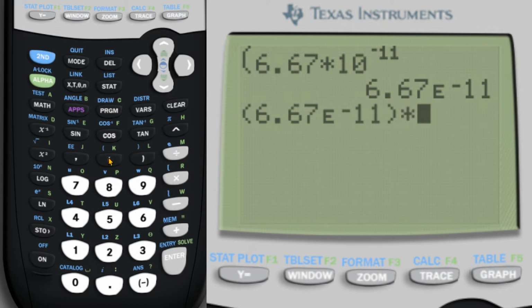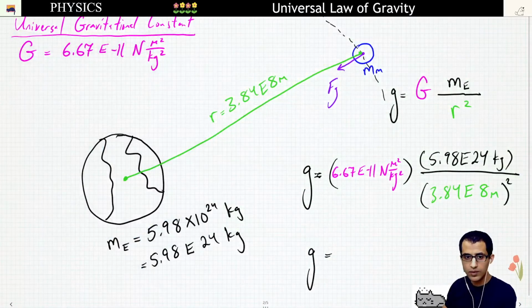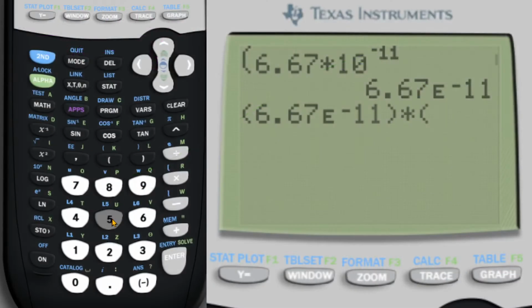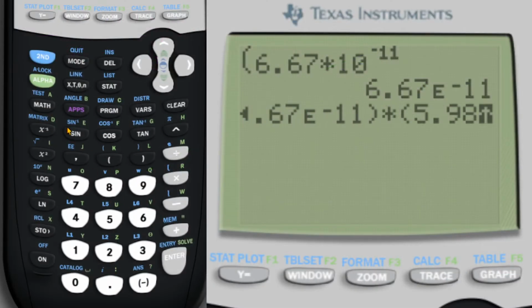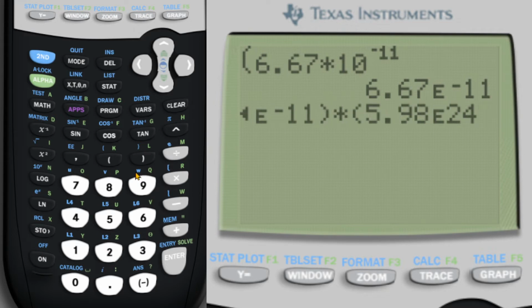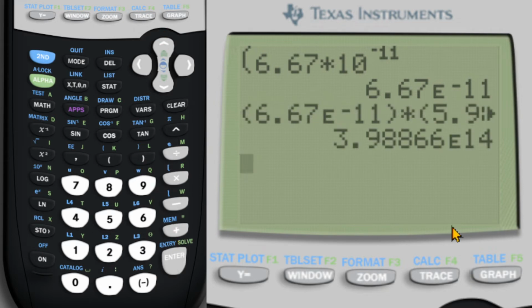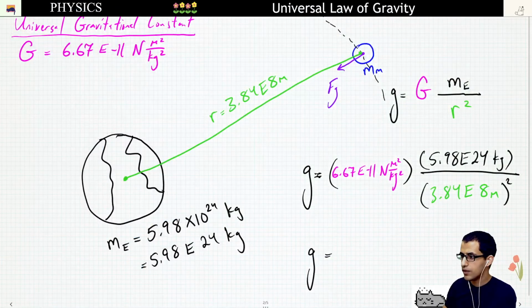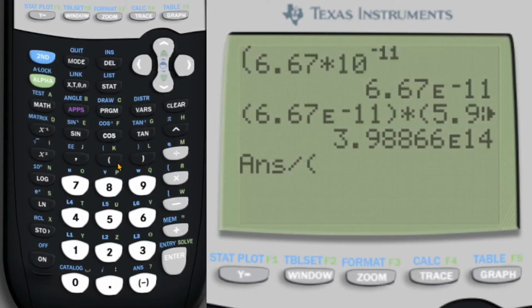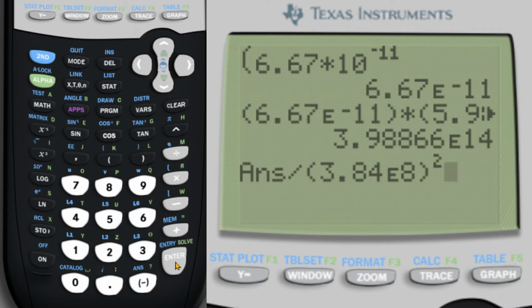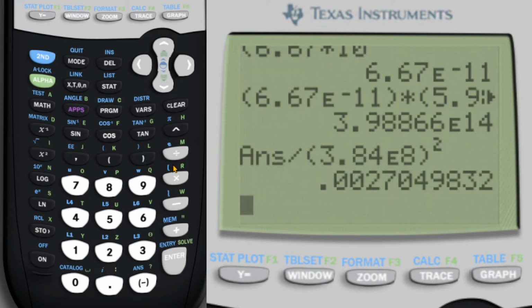And then multiply that by the mass of the Earth, which is 5.98 times 10 to the 24. And so this is our numerator. And then we need to divide this all by 3.84 times 10 to the 8 squared. And we get this as our gravitational field intensity all the way out at the moon.